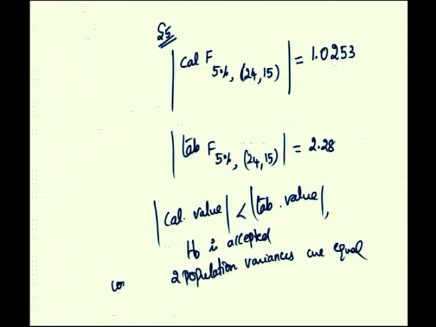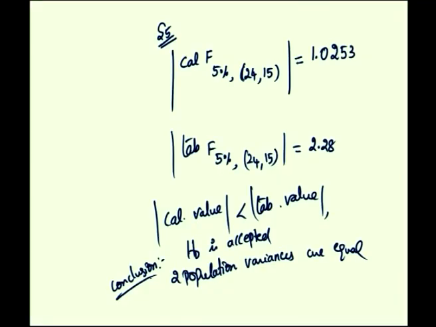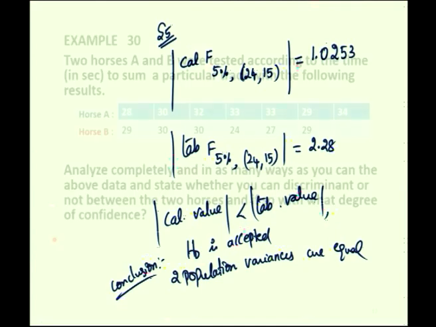This is our conclusion. You have been asked to test the hypothesis that the variances of the populations are equal, and the answer to this question is yes, variances of the populations are equal.